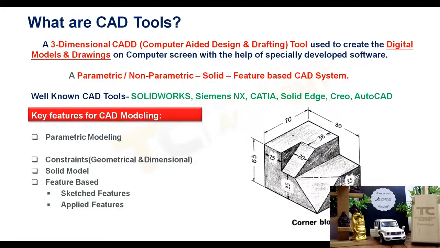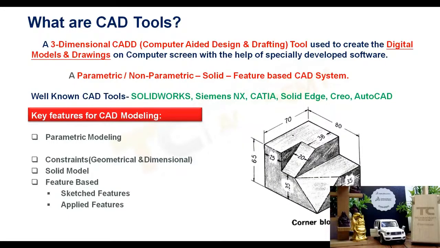Let's say by tomorrow, we might need some changes where I want to make the 70 mm to 50 mm or the 65 to 50. So if you have parametric modeling in your tool or software, you can easily make the dimension changes.